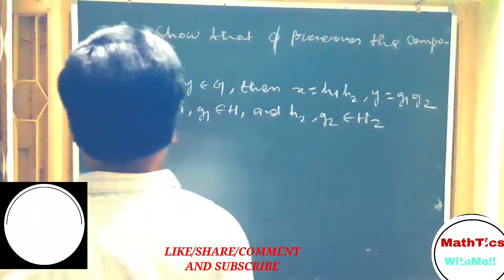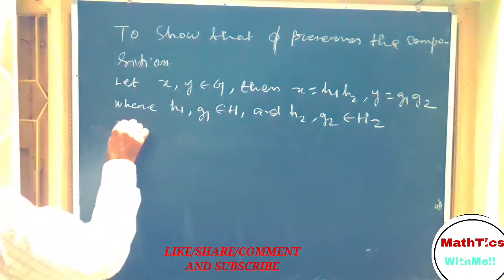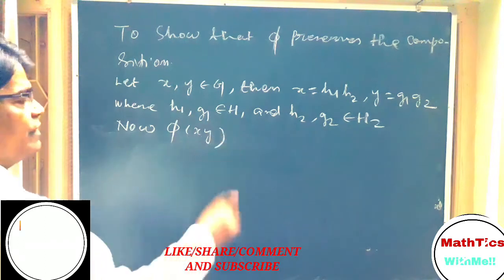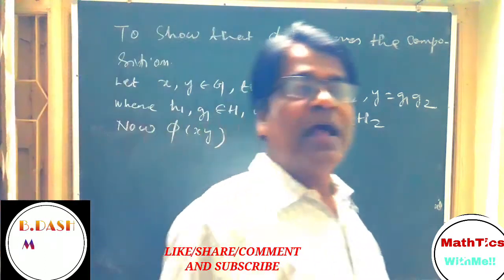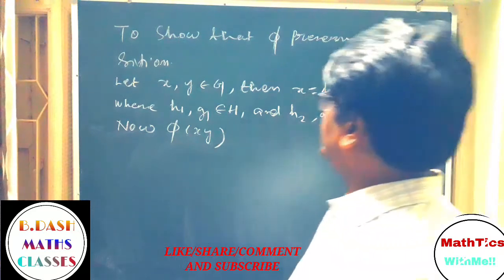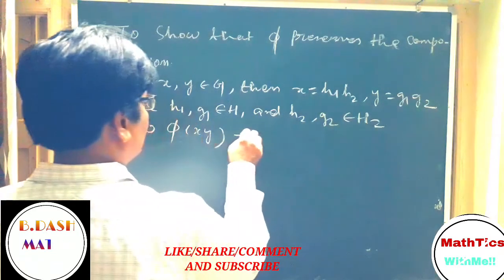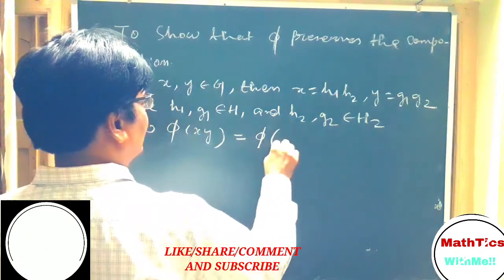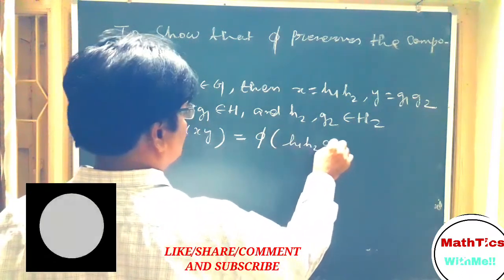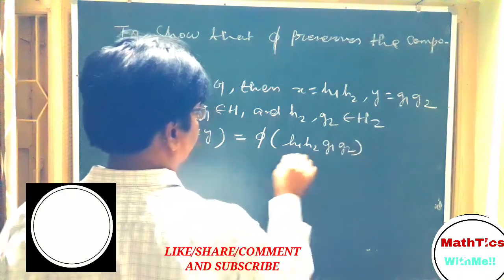Now phi of xy. We have to show that phi of xy is equal to phi of x into phi of y, by which we can say phi preserves the composition. So this is equal to phi of h1 h2 g1 g2.